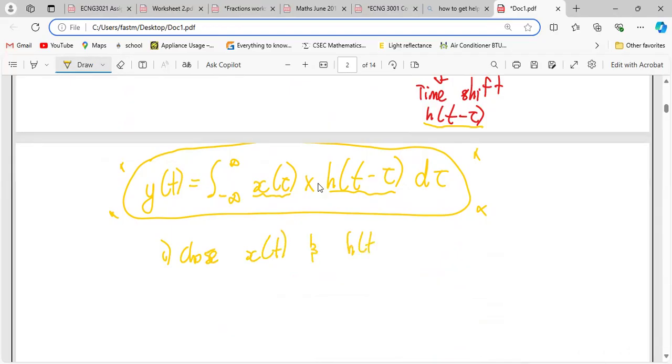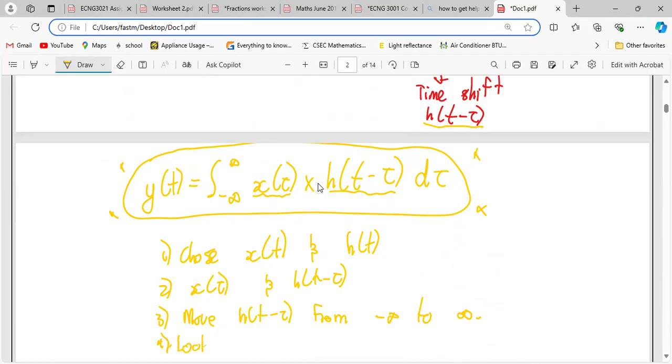After you pick those two, you get the x at tau and the h at t minus tau, and you're moving h at t minus tau from minus infinity to positive infinity, and it looks for the overlapping regions. That is all it is, broken down in the simplest form I could.